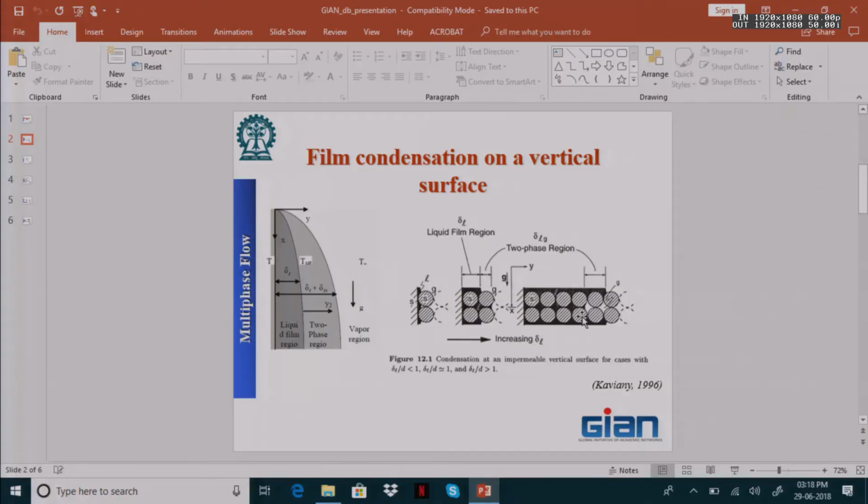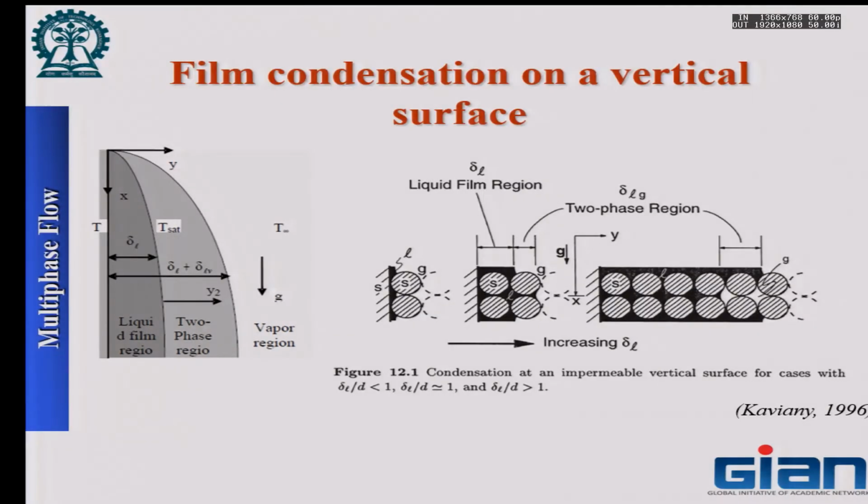Sorry, maybe the slide mode is doing something, I do not know what that is. Here it is. So, now if you look at the screen, these are the three scenarios I am talking about. The first one is when the liquid film is very small compared to the characteristic length scale of the porous medium. The second one is when they are comparable, the third one is when it is much larger.